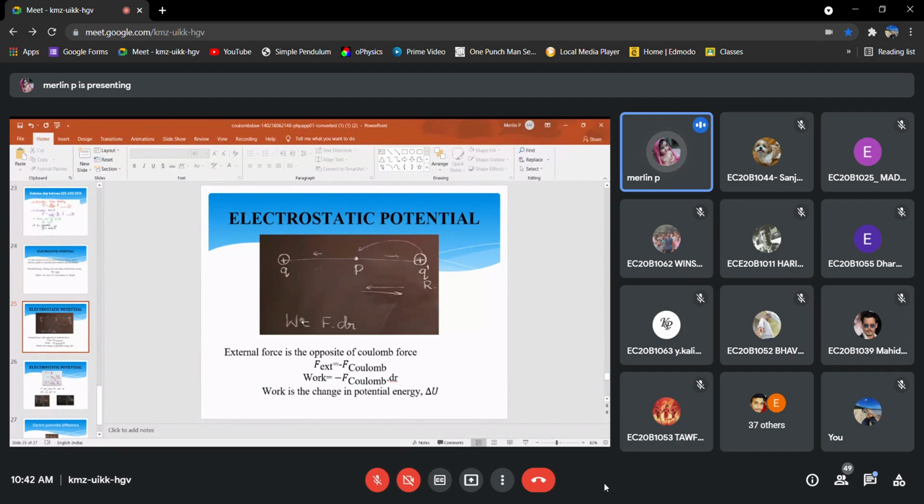That work is equal to force into change in distance, where the distance separated is R. So we apply some force to move the charge q dash to point P, and the work done is equal to force into dr, the change in distance. We can notate it like this.